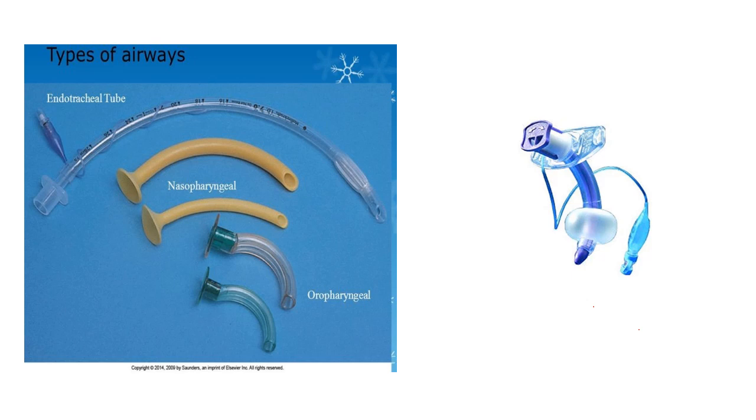Similarly for the nasopharyngeal tube, here at the level of the nose nares, and then this one is at the level of the tragus of the ear. By putting it outside we can calculate the size. These are also of different sizes, like 6, 7, 8. In males we generally use 7, 8, in females we generally use 6, 7, right?